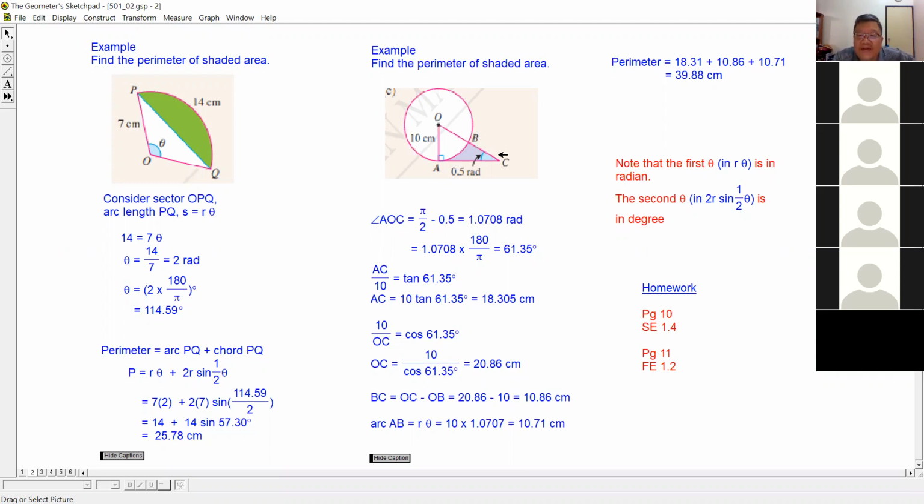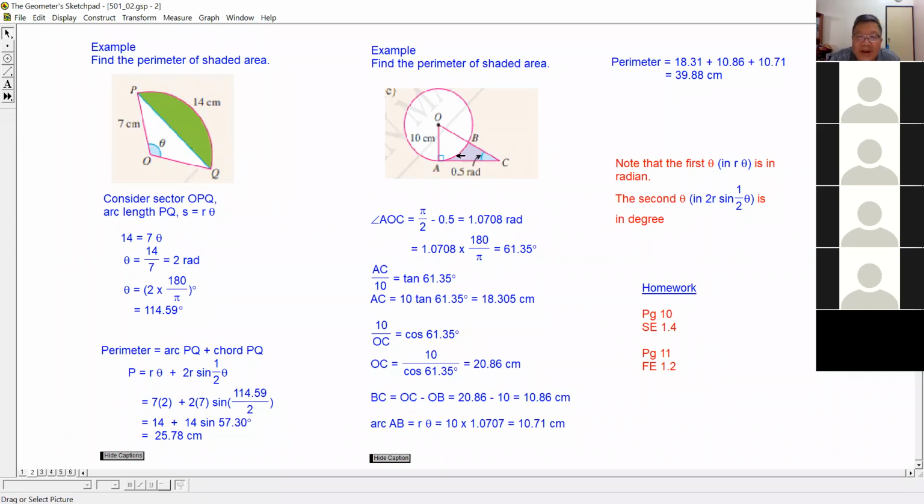I want to find BC. To find BC, you use OC minus OB, then you get the balance, BC. So BC equals OC minus OB, which is the hypotenuse minus the radius. You get 10.86.